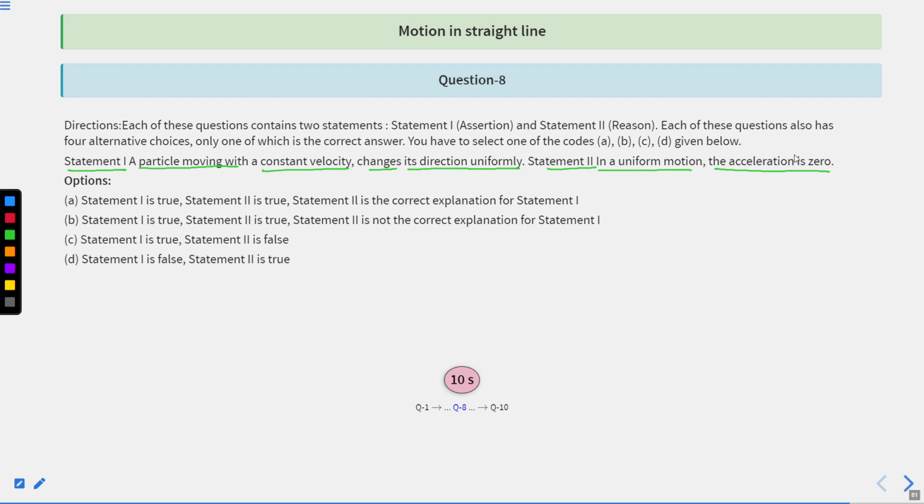There are four options, A, B, C and D. Option A: statement first is true, statement 2 is true and is the correct explanation for statement first. Option B: statement first is true, statement 2 is true, but statement 2 is not the correct explanation. Option C: statement first is true, statement 2 is false. Option D: statement first is false and statement 2 is true. Which one is correct? You have 10 seconds to solve this question. After that, we will provide a solution.